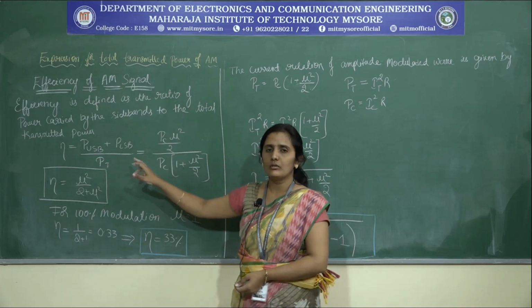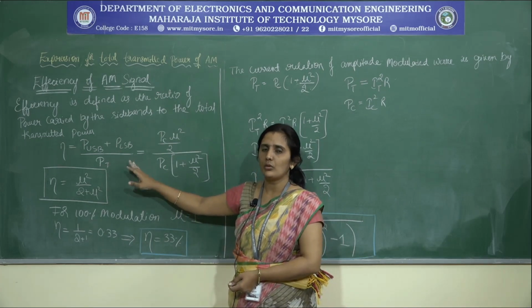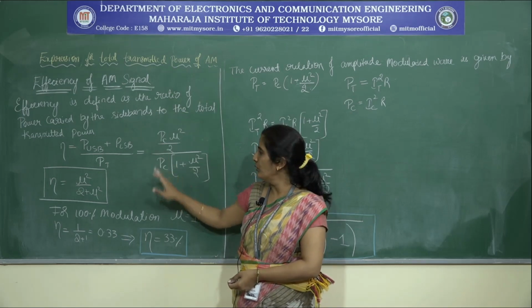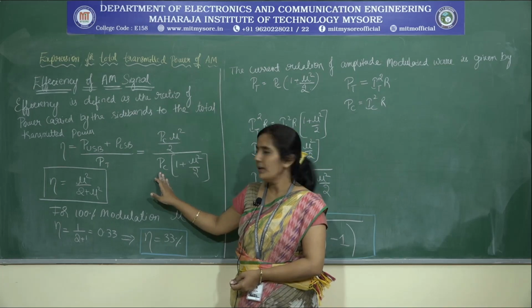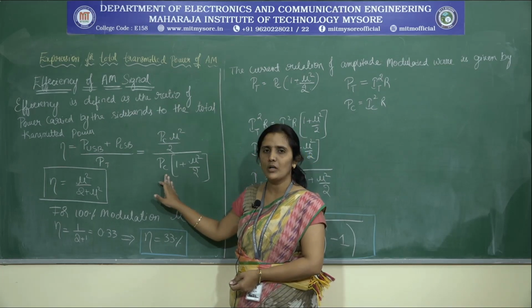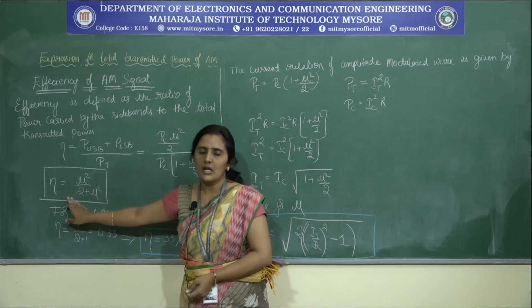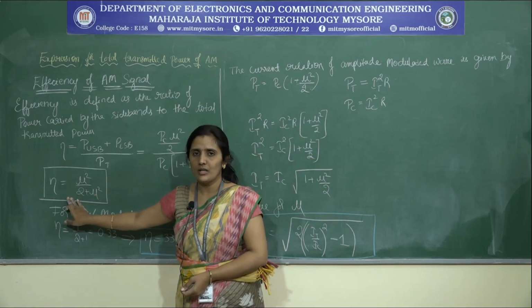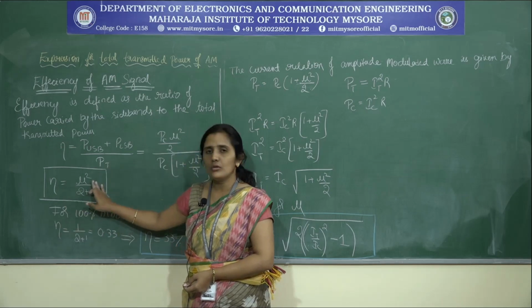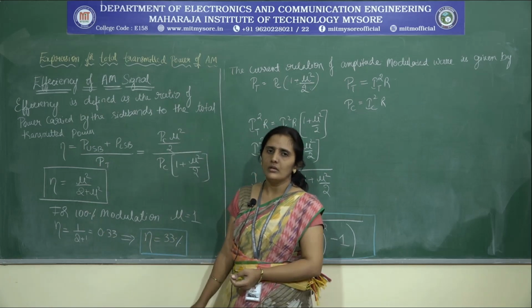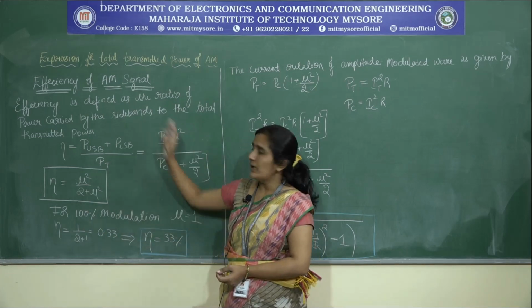We all know the equations for the upper sideband and the lower sideband: we can write that as Pc into mu square divided by 2, and for the total power the equation is Pc into 1 plus mu square divided by 2. So after solving this, we are going to get the expression for the efficiency is equal to mu square divided by 2 plus mu square. So this is the expression for the efficiency of the AM signal.